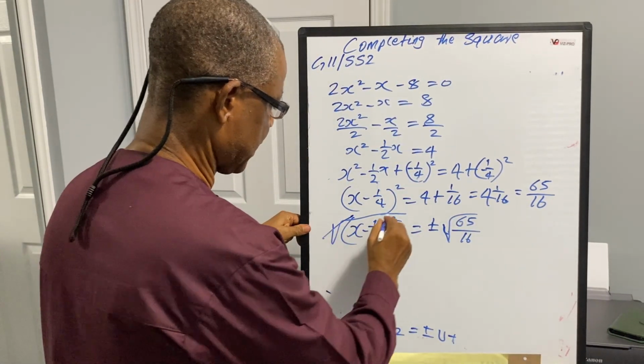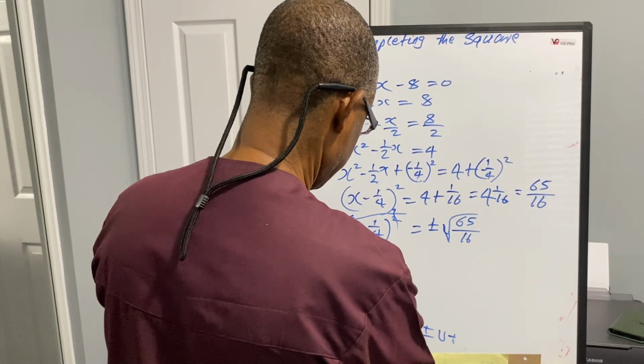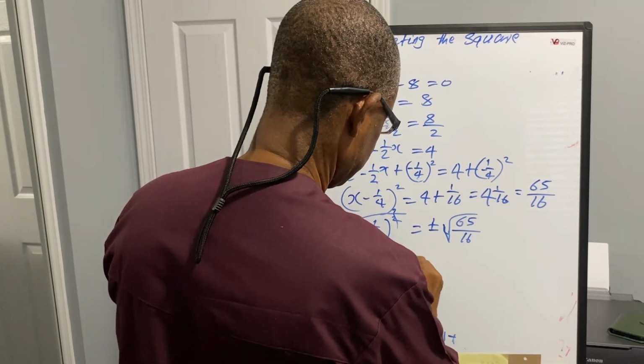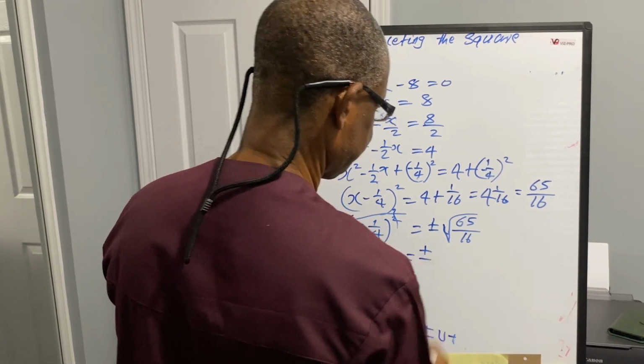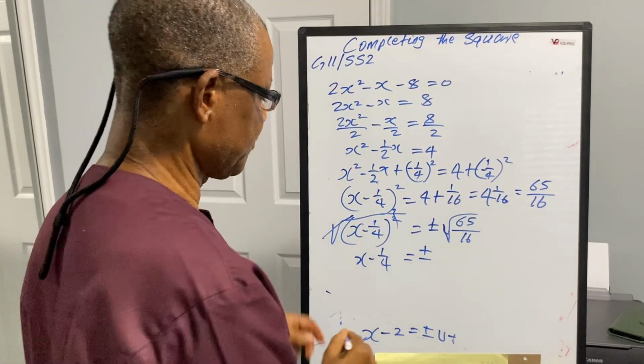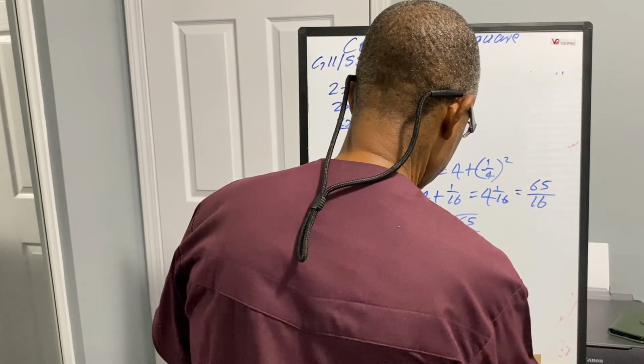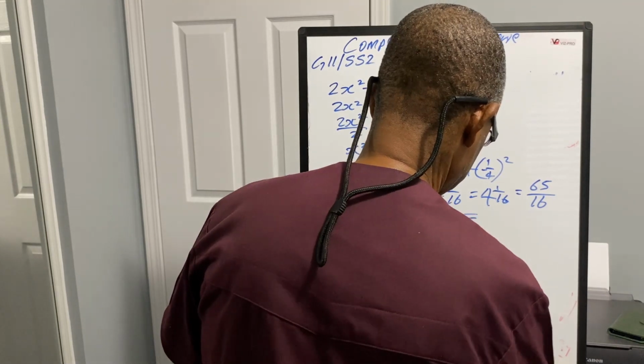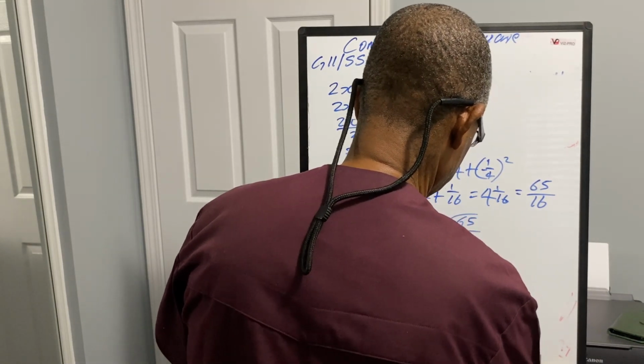The square root, we cancel the square. We have x minus 1 over 4 equals plus and minus the square root of 65, about 8.062, over 4. The square root of 16 is 4.